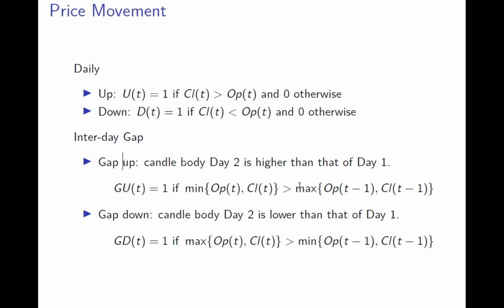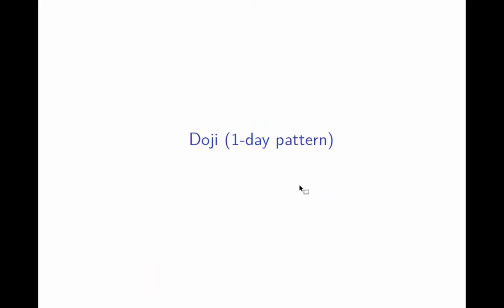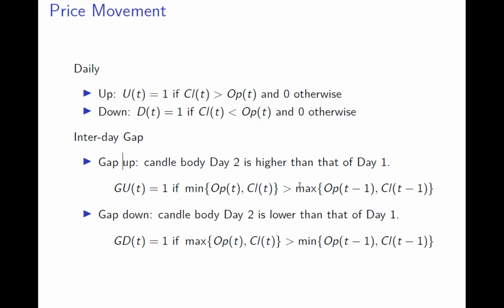Conversely, if the maximum of today's price is less than yesterday's lower price, then it's a gap down. Basically, the whole candle has shifted downward. This ends the basic introduction of the candlestick, and afterward we will talk about different patterns.